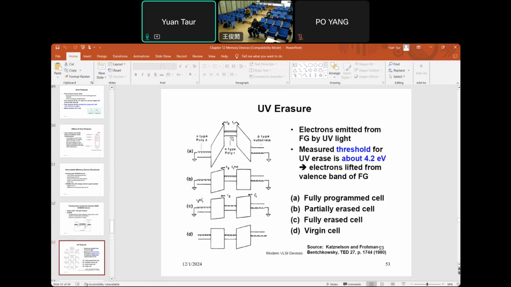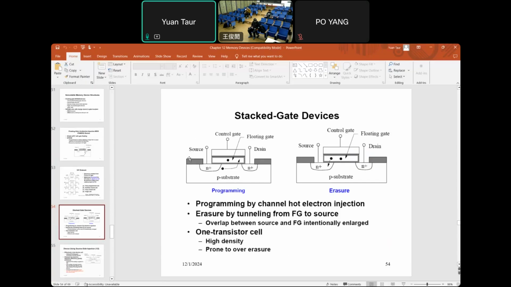From the valence band, the band gap 1.1 plus 3.1 eV barrier height, so 4.2 eV to remove the electron from the floating gate. Okay, this is standard.